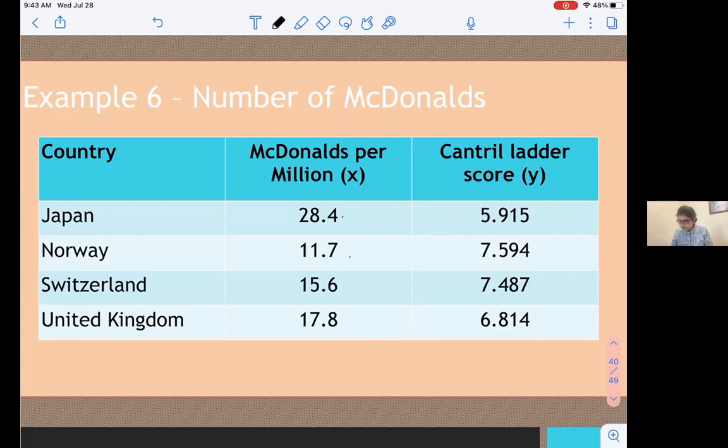Only these 4 values, and the rest you will delete. And the Y values are 5.915, 7.594, 7.487, 6.8. The rest I will delete.